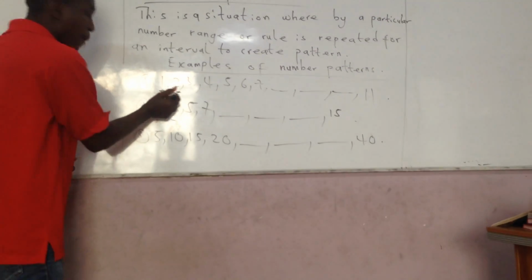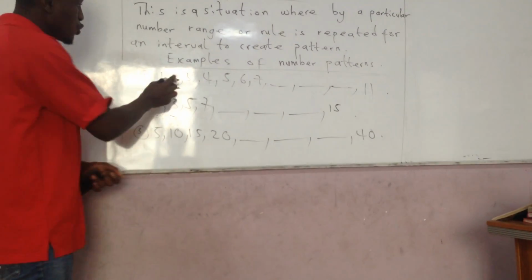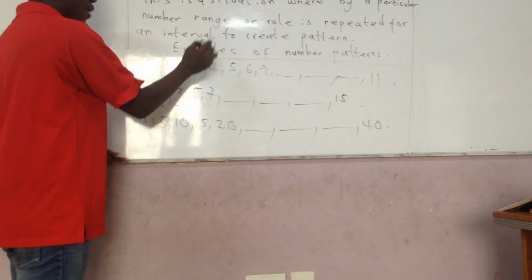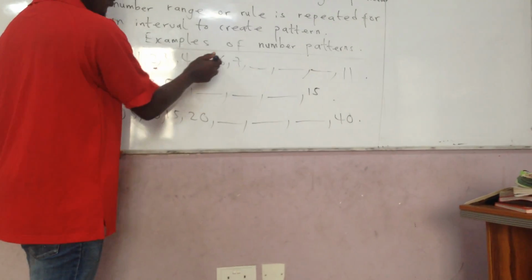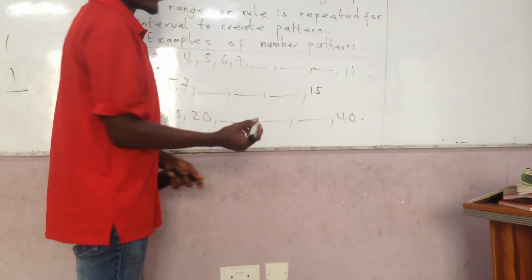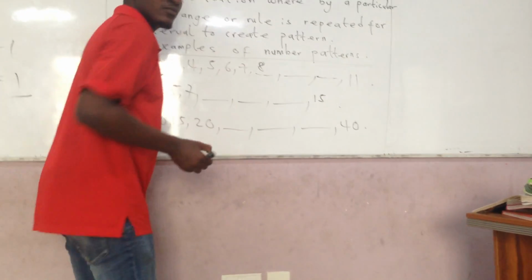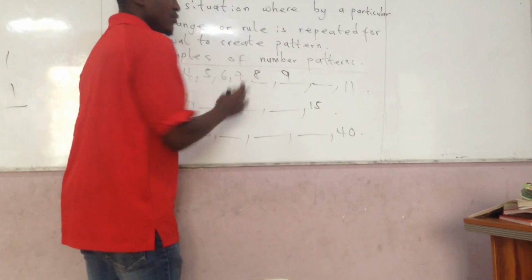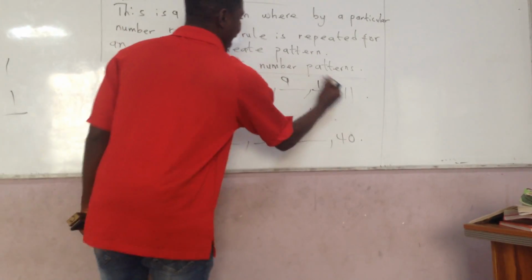So let's see. 1 plus 1, 2. 2 plus 1, 3. 3 plus 1, 4. 4 plus 1, 5. 5 plus 1, 6. 6 plus 1, 7. 7 plus 1 is 8. 8 plus 1, 9. 9 plus 1 is 10.